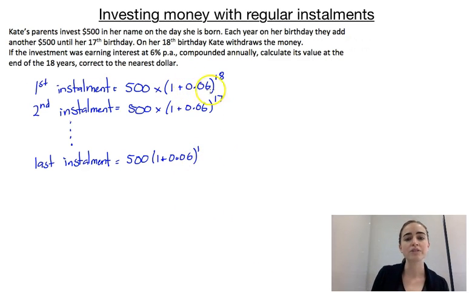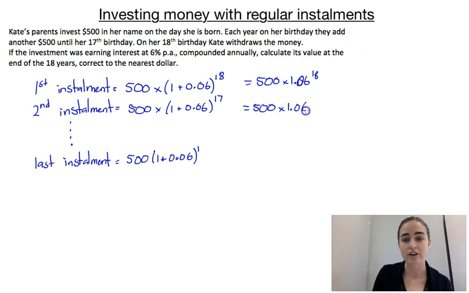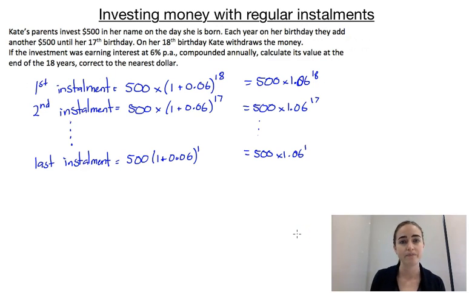Now we could also simplify all of these down if we add those numbers that are in the brackets. So let's have 500 times 1.06 to the 18. This one's 500 times 1.06 to the 17, and it goes all the way down until we get to 500 times 1.06 to the power of 1, because that last one's only in there for 1 year.